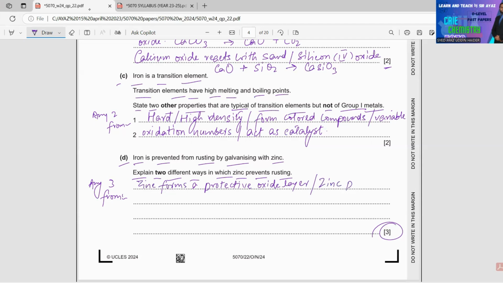Zinc prevents oxygen or water reaching the surface of iron.